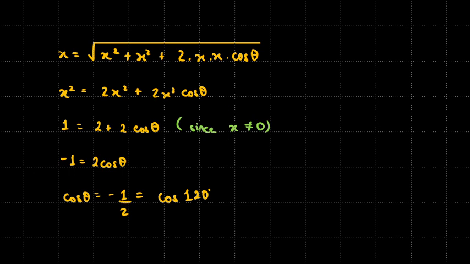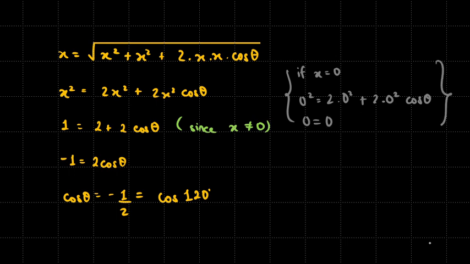If x is 0, let's also do that one. I think that's also a pretty fun challenge. So if x is equal to 0, then we can just say 0 squared is equal to 2 times 0 squared plus 2 times 0 squared cos theta, which just equals 0 times 0. So still this checks out.